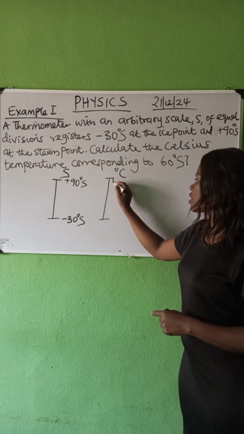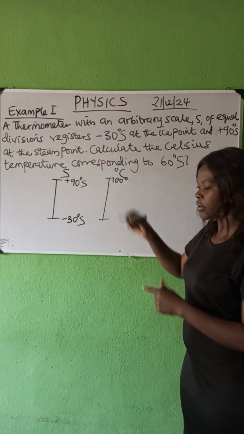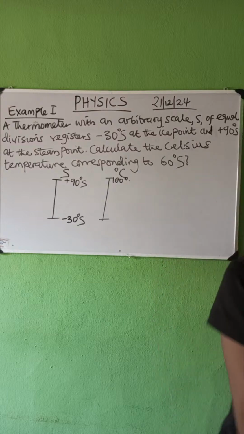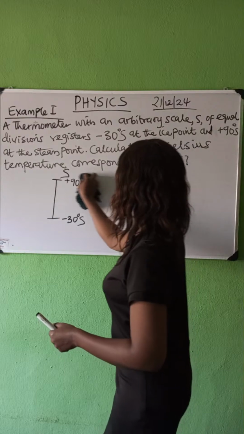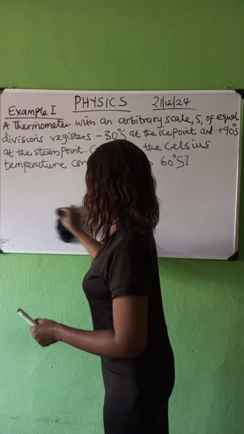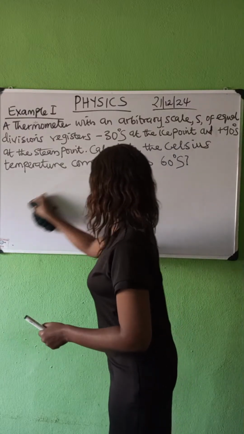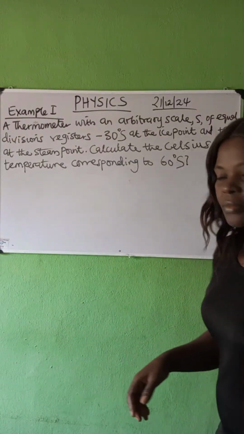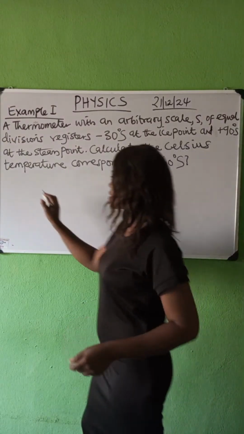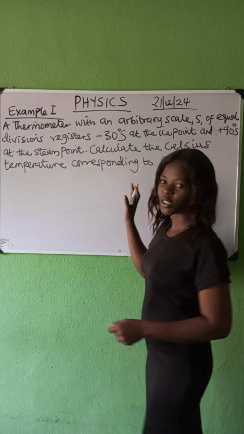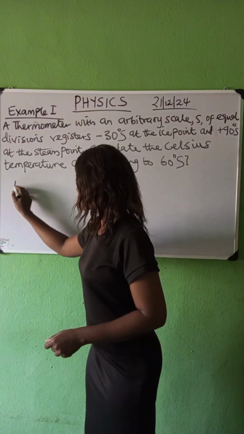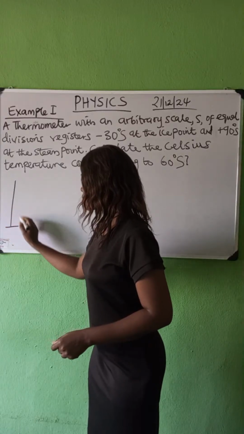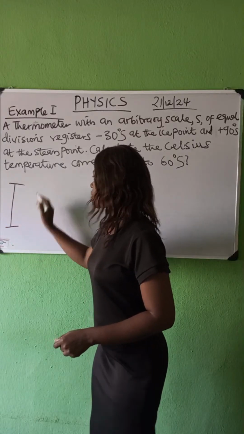Now, the upper fixed point of this scale, let me start again so I can shift this diagram here. Sorry. All right. I will start by sketching this particular thermometer, which is X. This is a thermometer, right?